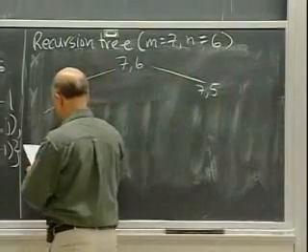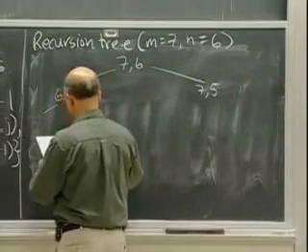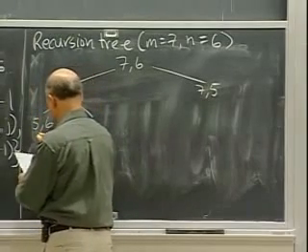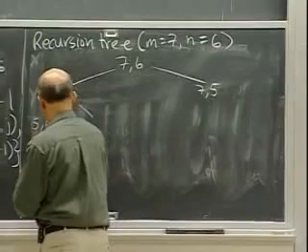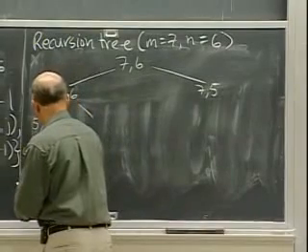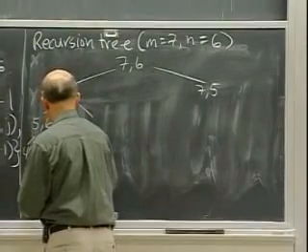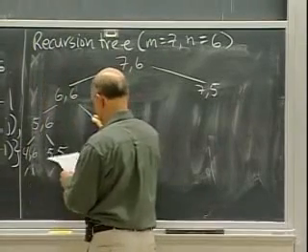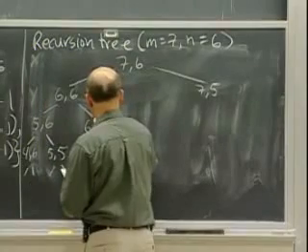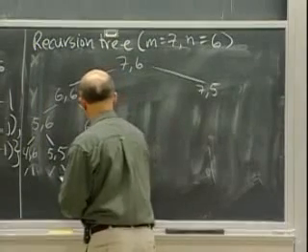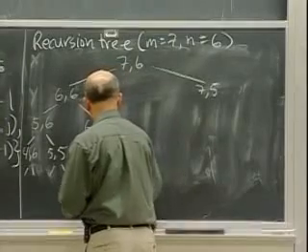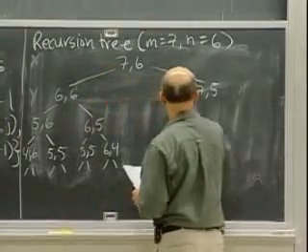And then this guy is going to split, and he's going to produce 5, 6 here, decrement the first index, i. And then if I keep going down here, we're going to get 4, 6, and 5, 5, and these guys keep extending. Here I get 6, 5, 5, 5, 6, 4. Okay.